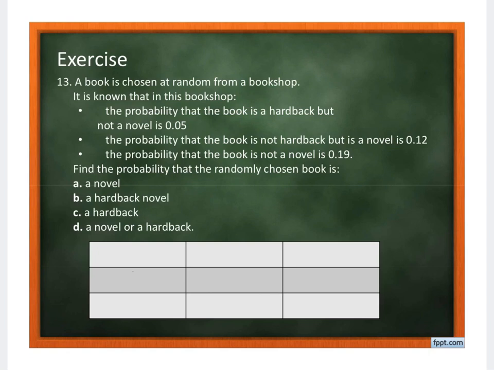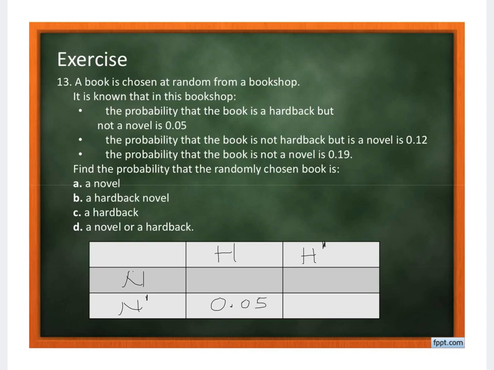I put here H is hardback. This one is hardback complement. So novel complement. The probability the book is hardback but not a novel is 0.05.